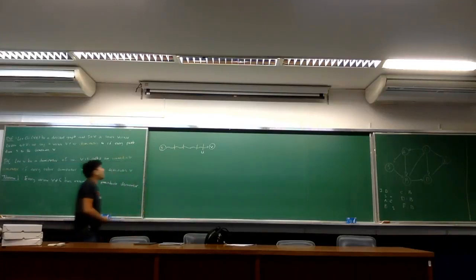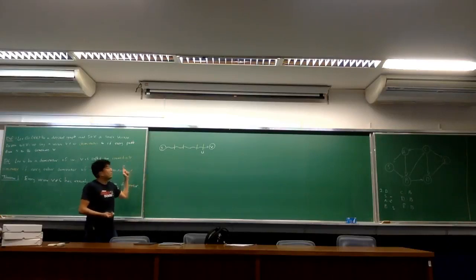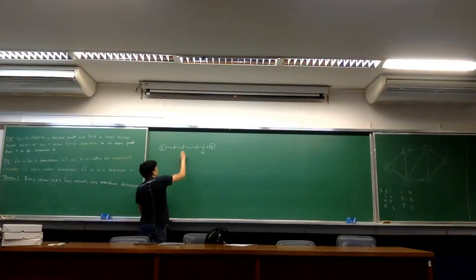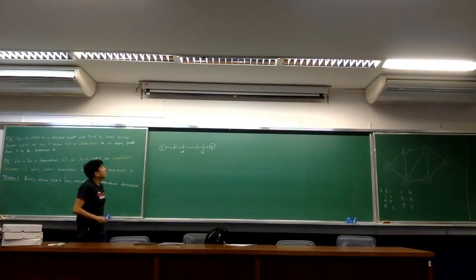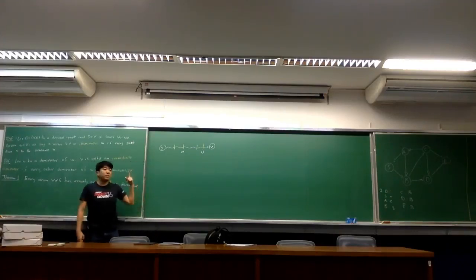So, why is this the case? Suppose that U is not the immediate dominator. Right? Then this means that there exists some other dominator of V, let's say W, that does not dominate U, right? That's the definition of immediate dominator.